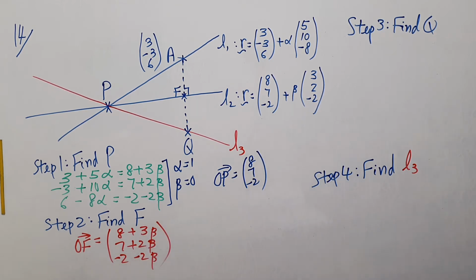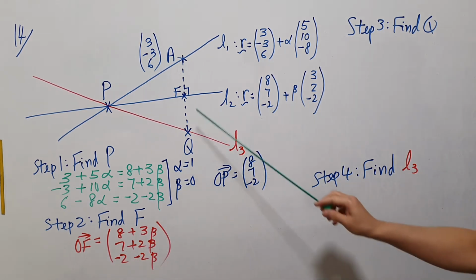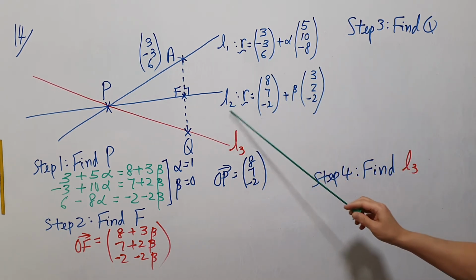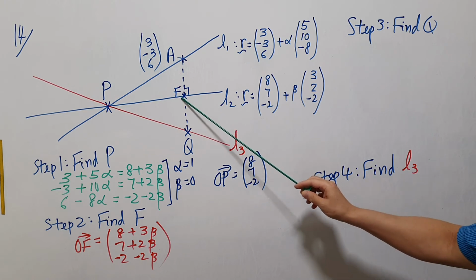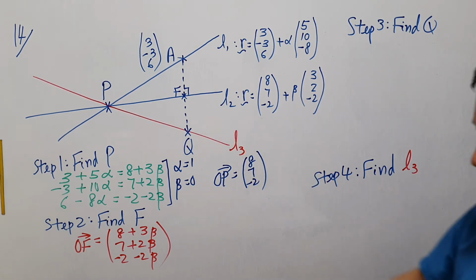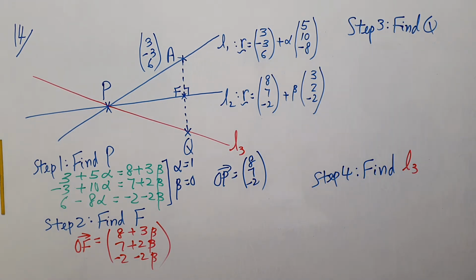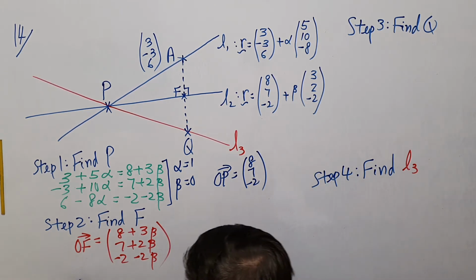You have to bear in mind that because this point F is on the line L2, every point on the line will have a position vector that looks like the equation of the line. Okay, with the point OF expressed in terms of beta, I can then write down the vector AF. AF.